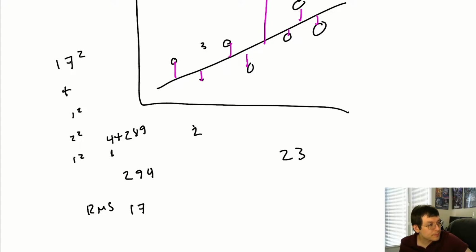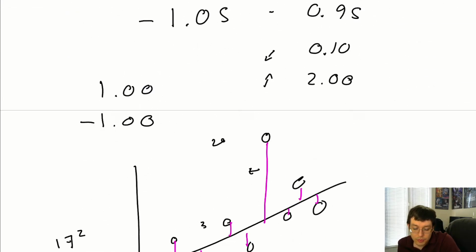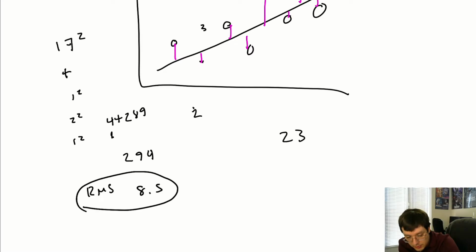Yeah, because you've got to take the average before you do the square root part. So that's 73. Then the square root of 73, what's that going to be? Well, 9 times 9 is 81, so it's 8.5 something. So actually, the root mean square error here is 8.5. Because I forgot to take the average of this. So sorry for that.